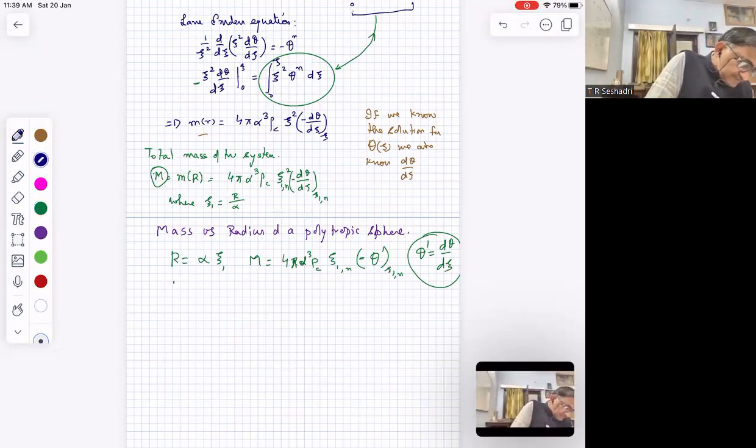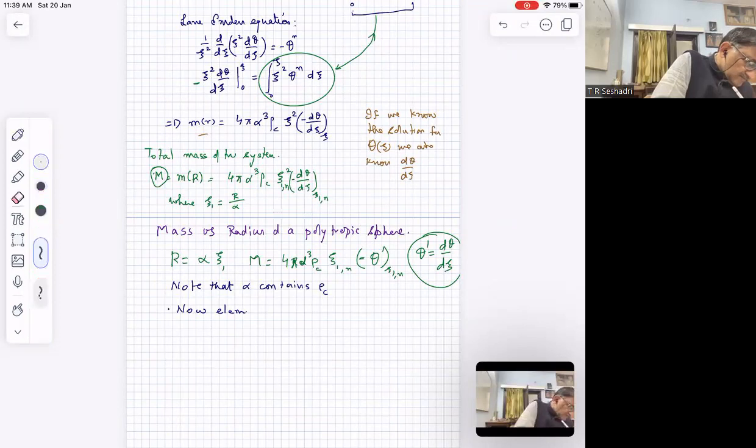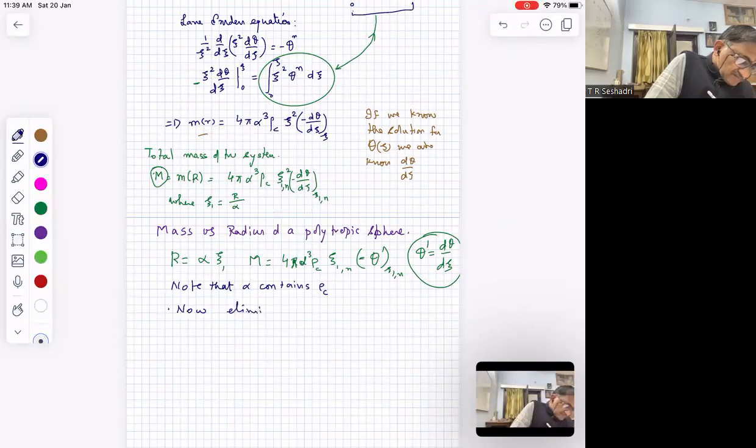Okay. Let me now use these two. Note that alpha contains rho c, and now eliminate rho c to get mass versus R. So if we do that, then what we will get is the following.